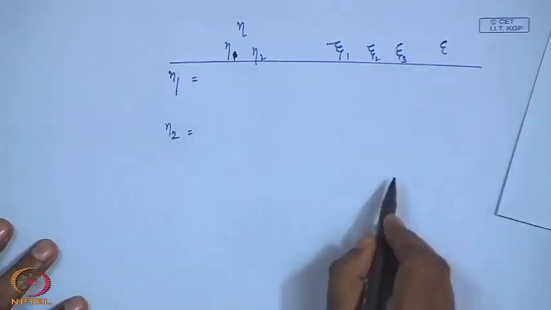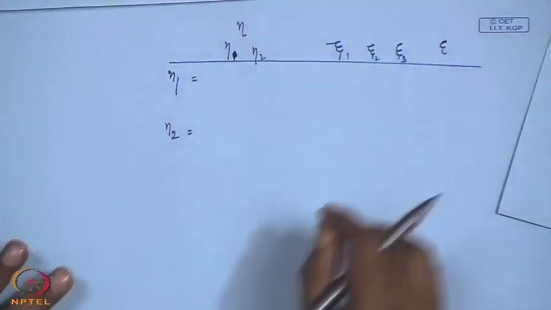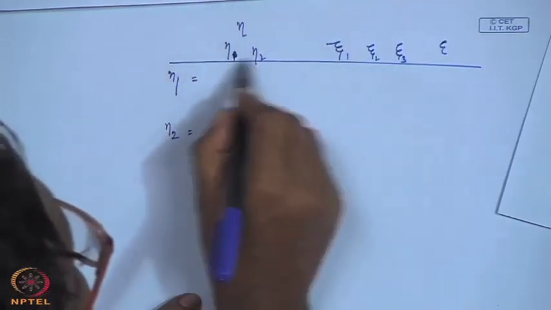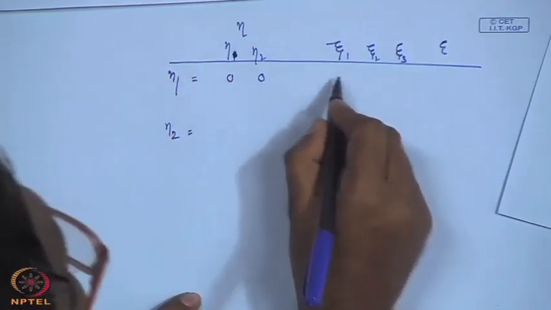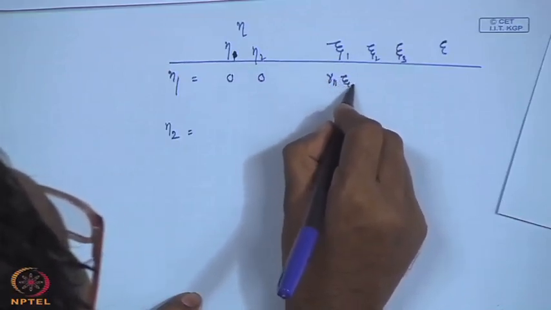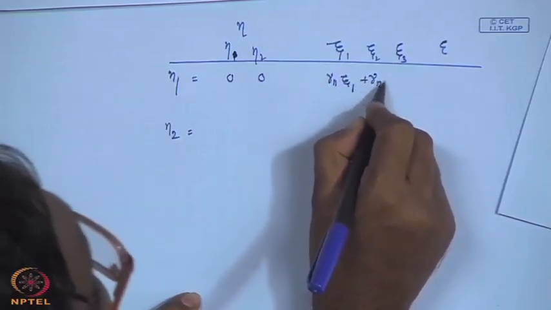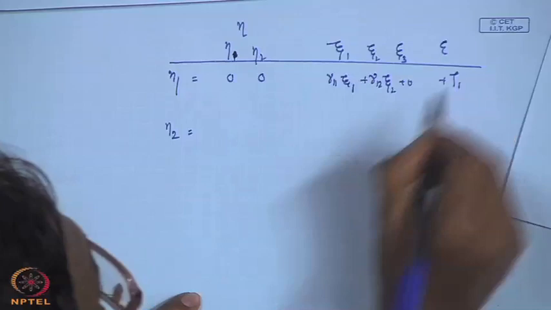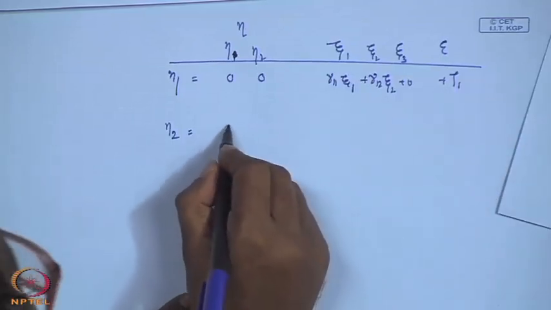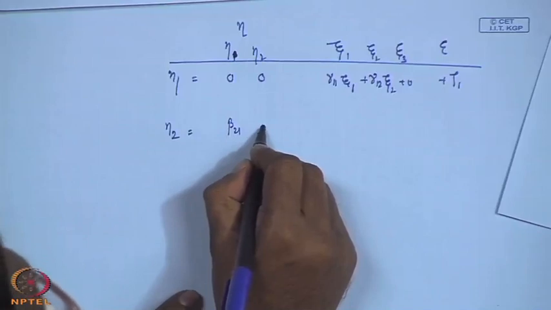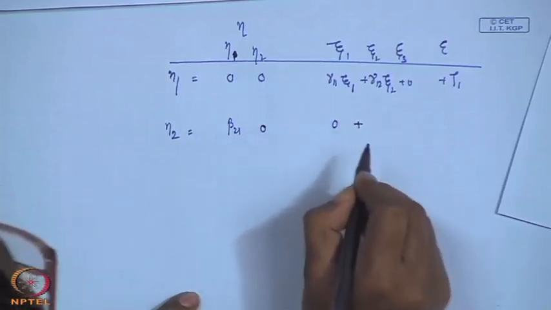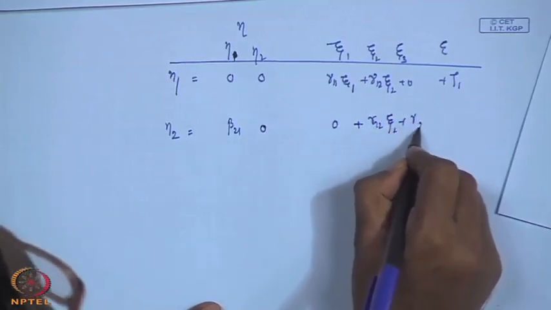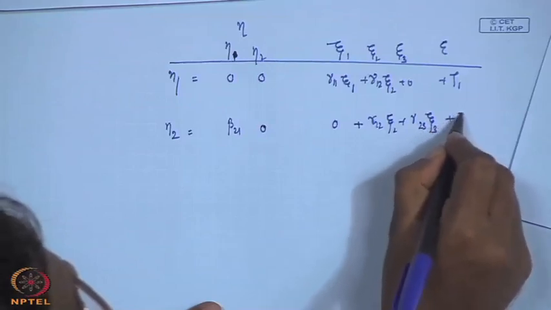So you have to write the equations. If I write the equations for this particular model, eta 1 is not affected by any of the etas, so 0, 0. So gamma 1 1 xi 1 plus gamma 1 2 xi 2 plus 0 plus zeta 1. And for the second, this one is beta 2 1 and this is 0, then this one is also 0, plus gamma 2 2 xi 2 plus gamma 2 3 xi 3 plus zeta 2.